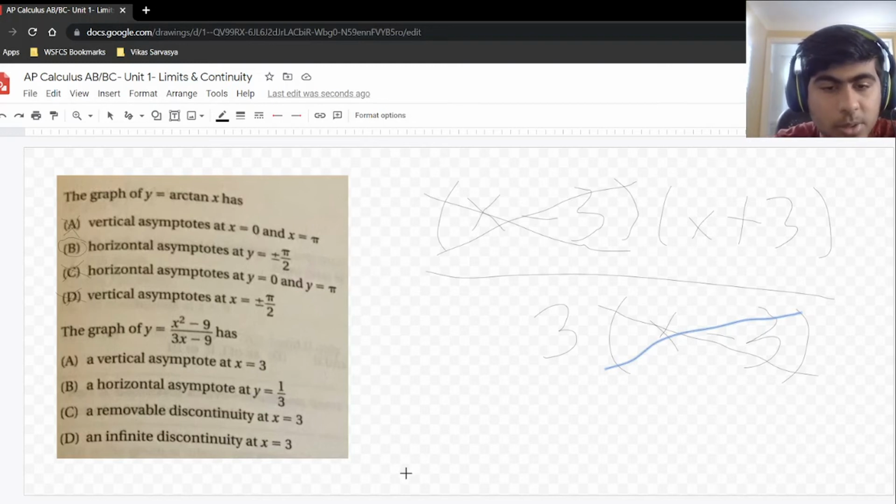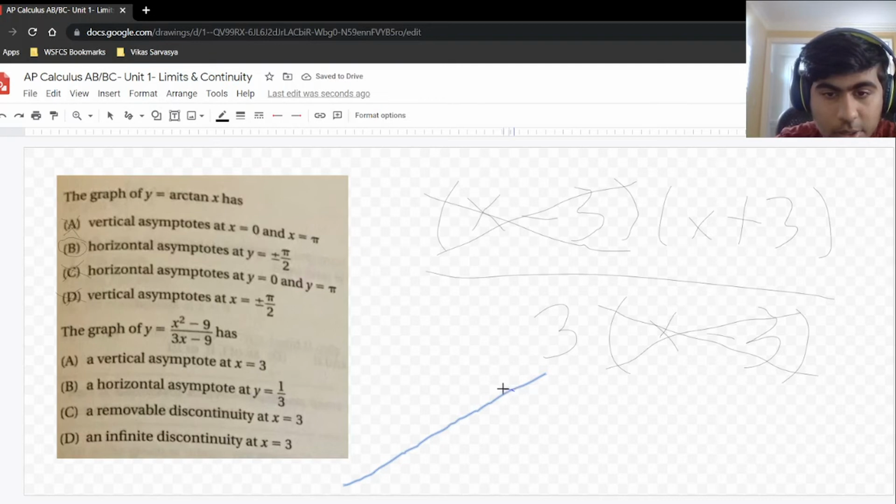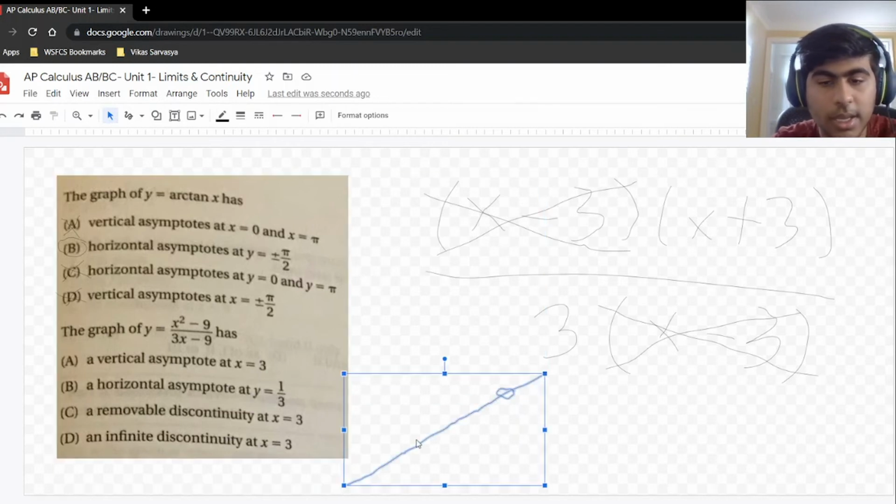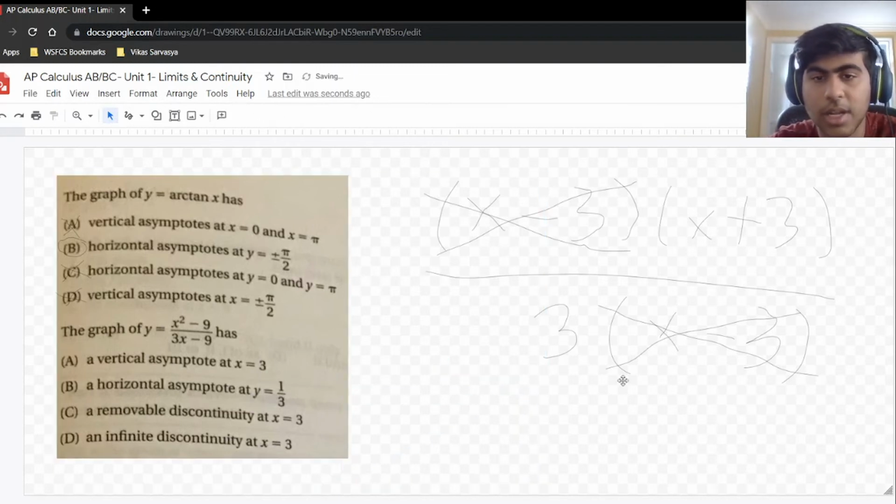So we'd end up with just a linear function like this, except that at x equals 3, we'd have a hole in there. And that is a removable discontinuity, right? As you can see, it's a discontinuity, right? We obviously do not have a value for y at x equals 3, but also we can just remove it.